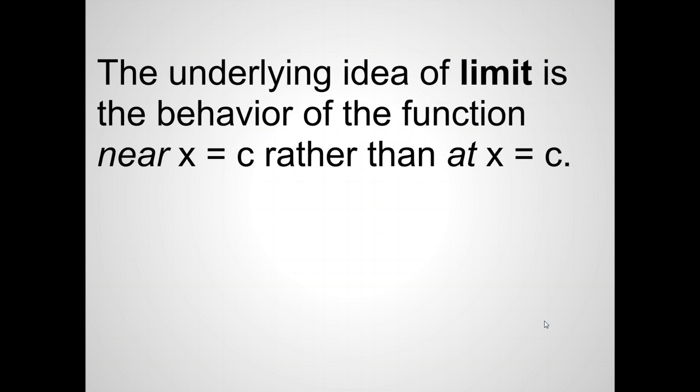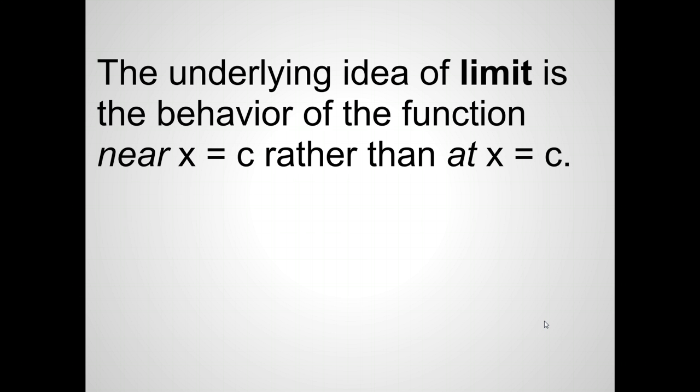The big idea here is to understand that when it comes to limits, we're not concerned with how a function is behaving at a particular value of x. Instead, we study how the function is behaving as we get closer and closer, very near, to a particular x value.